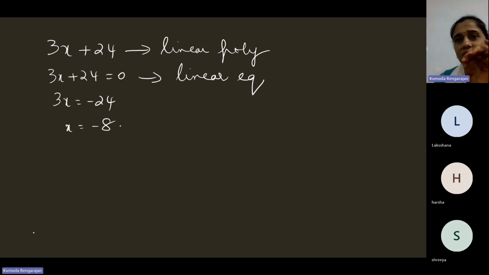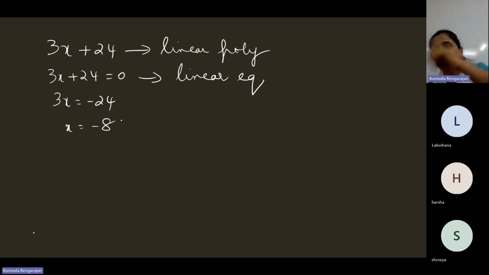Now minus 8 is the only root or the only solution of this linear equation, or minus 8 is the only zero. Zero here does not mean the number 0. So minus 8 is the only zero of this linear polynomial 3x plus 24.